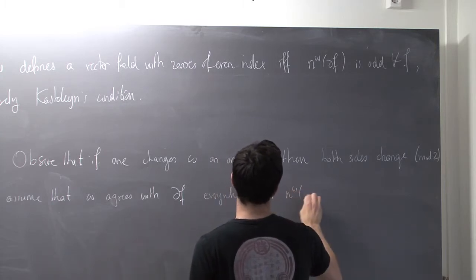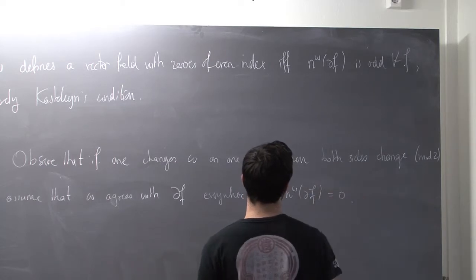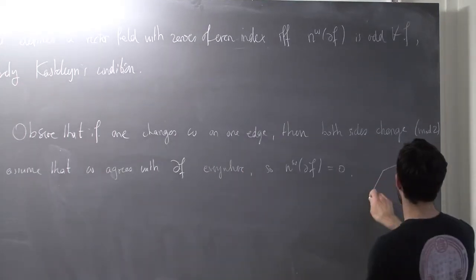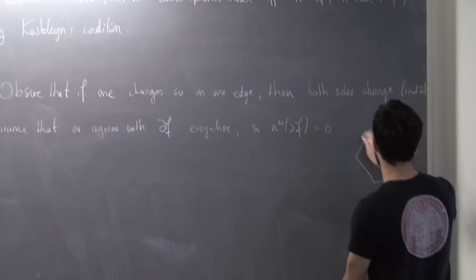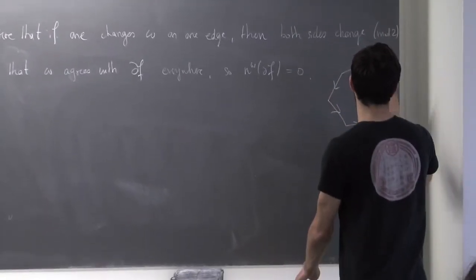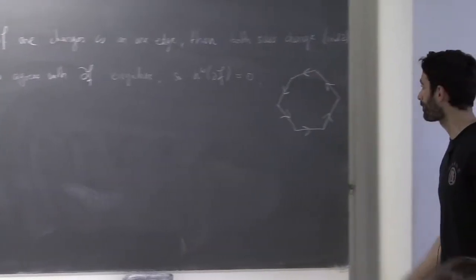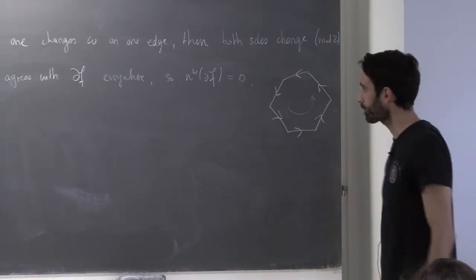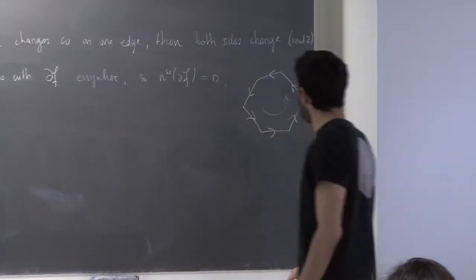So n omega boundary of f is equal to 0. So it means I have something like that. But then in this case, so now let's try to compute this index.